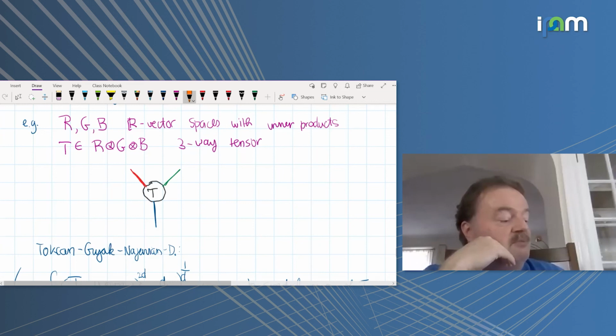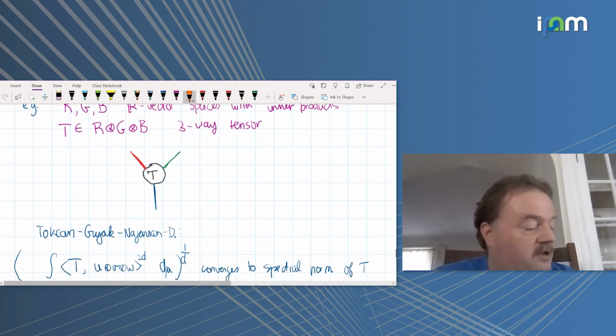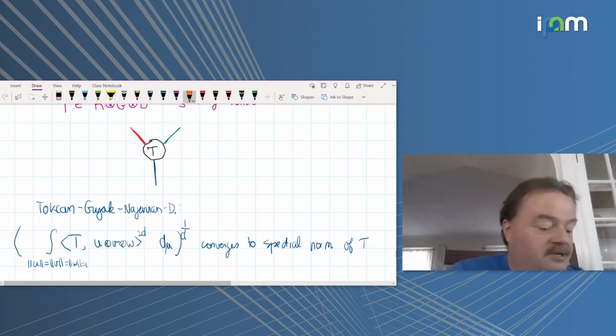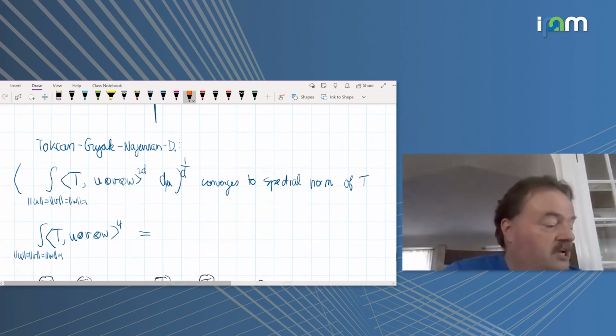Then the tensor can be viewed as a diagram where you just have three edges, but the edges have three different colors. So in a different work together with Derksen, Makam, and Shadrin, we did some computations, for example.